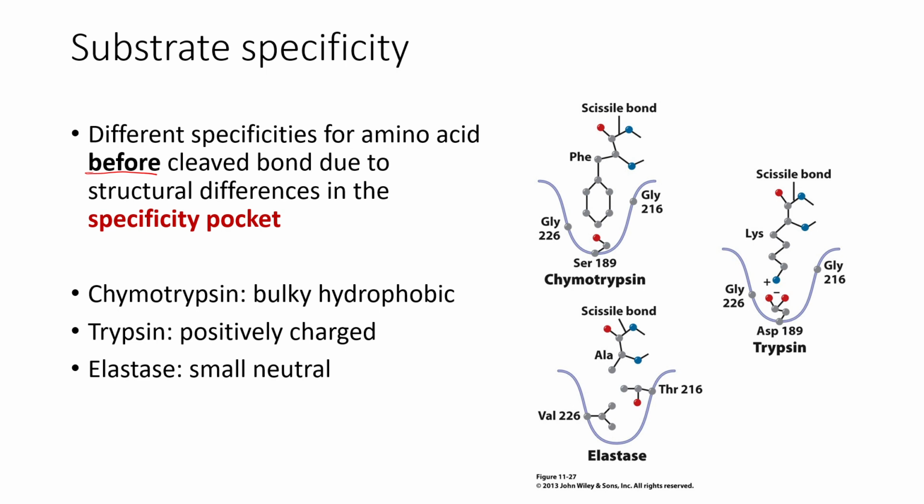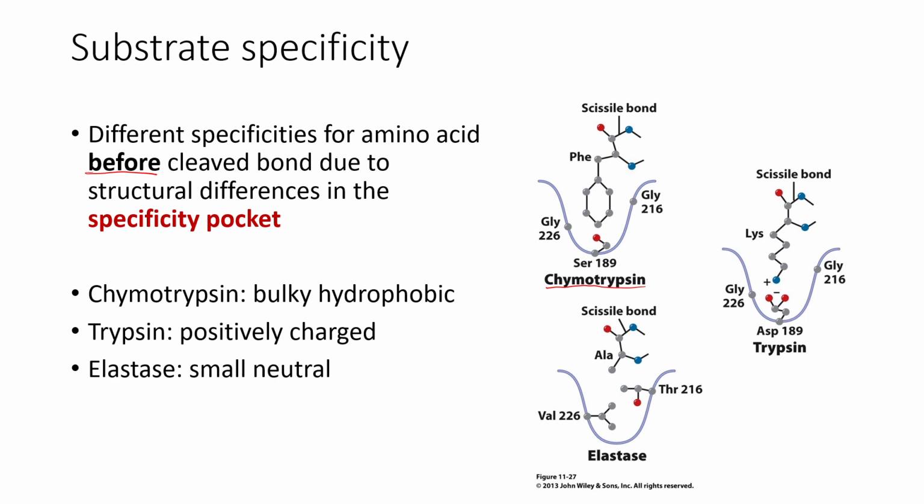The differences in those specificities for amino acids are due to structural differences in that specificity pocket. On the right we have pictures of those 3 digestive serine proteases that we just mentioned, and pictures of each of their specificity pockets and what makes each one unique. Let's first start with chymotrypsin, which is shown towards the top.